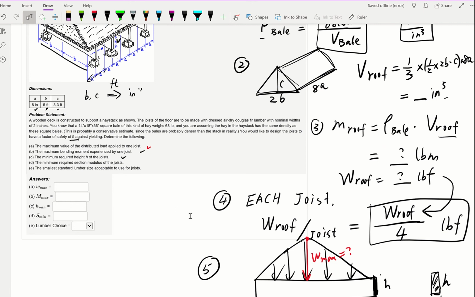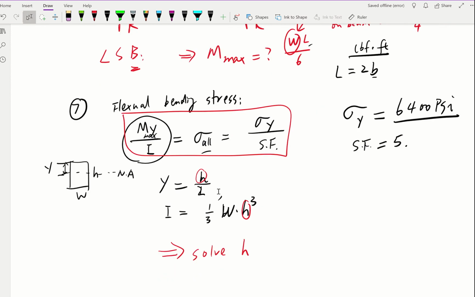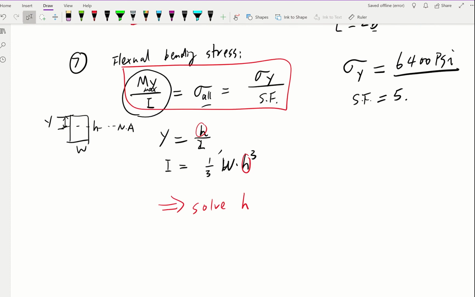Okay, the next step, they ask you, what is the minimum required section modulus of the joist? Now let's take a look. Section modulus, we talked about in one of the previous videos, is M, maximum bending moment, over section modulus. That's equal to this flexural bending stress.